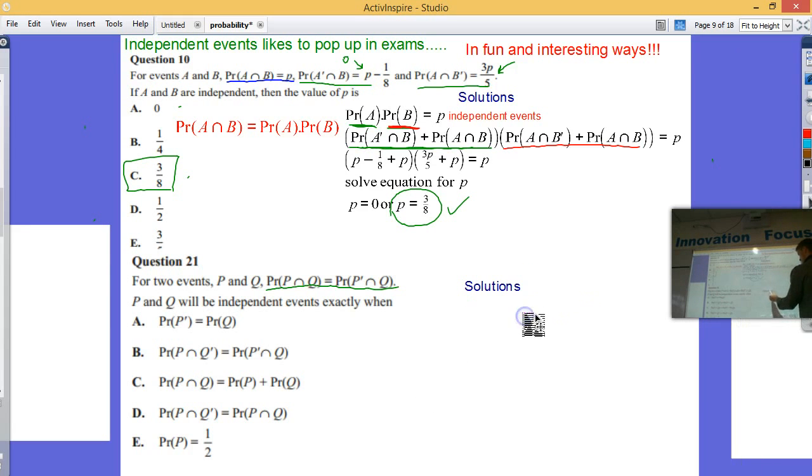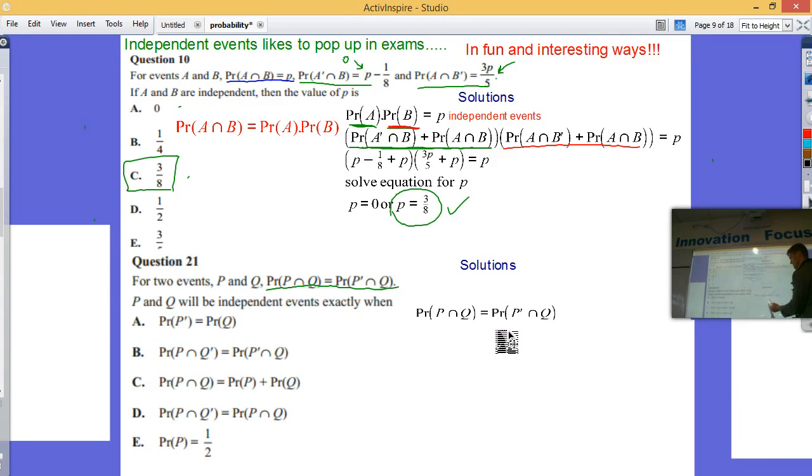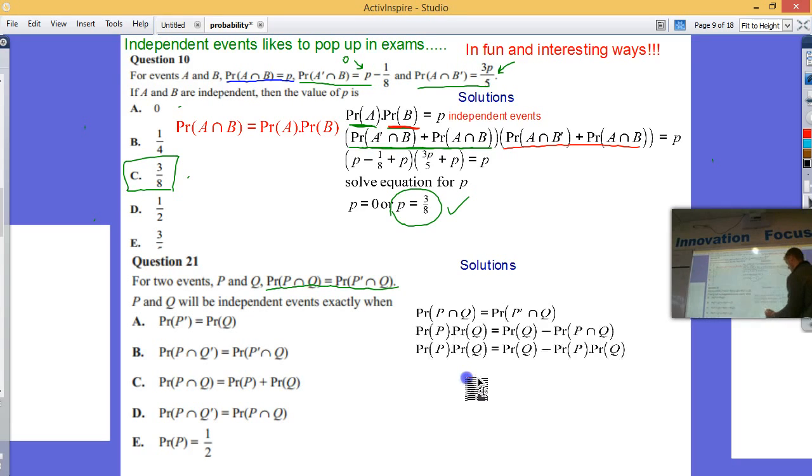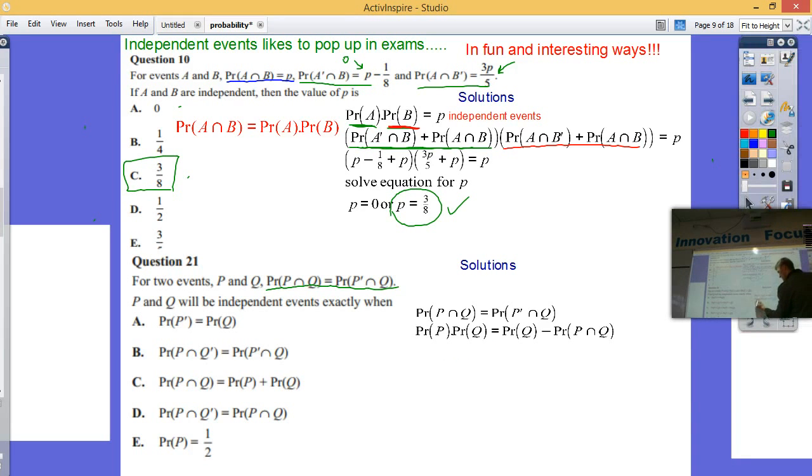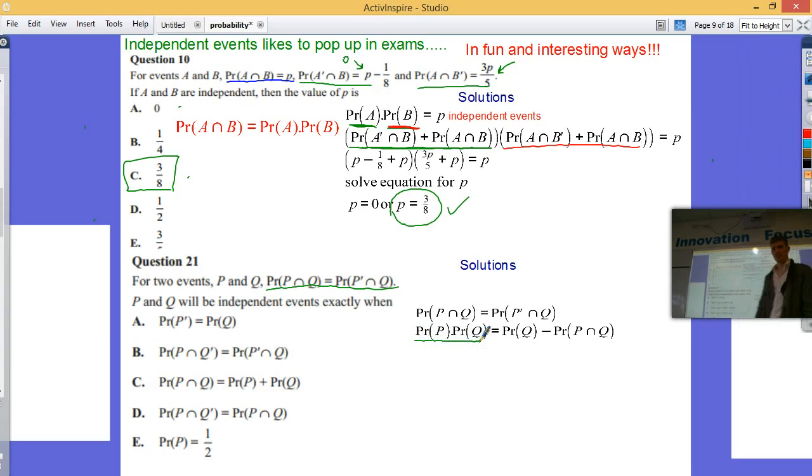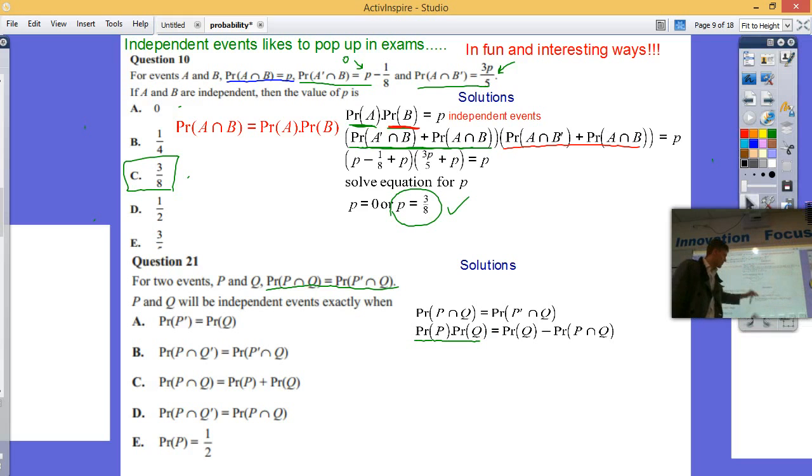So, the solution is, first off, that's the information given to us. Now, we're told that the events are independent. So, drawing on the definition of independence, probability of P intersect Q is given by probability of P times probability of Q. Now, on my right hand side, I have this expression, probability of not P intersect Q. Where did that come from?